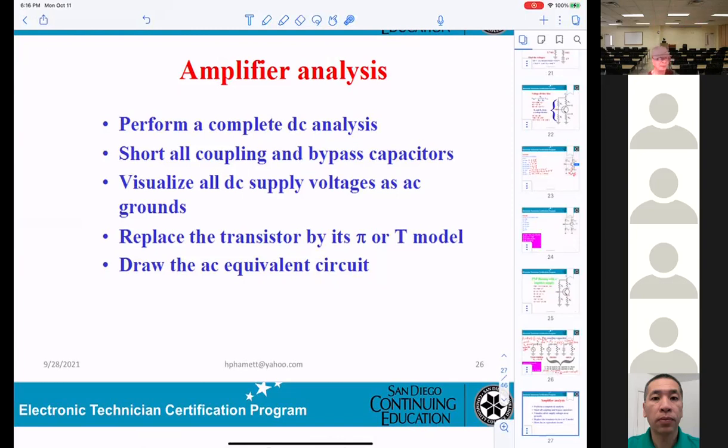But at least I try to see how many students can understand when you deal with the AC. Otherwise, normally they just give you the formula and you're able to calculate it. Okay, any questions on these steps for the amplifier? If you want to analyze amplifier circuitry, you must follow step by step.